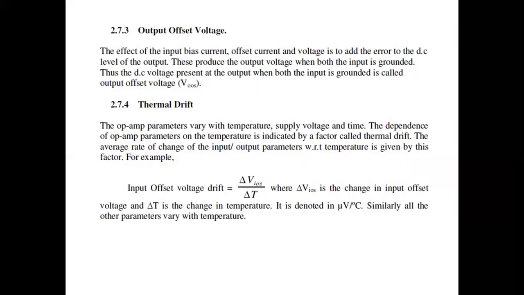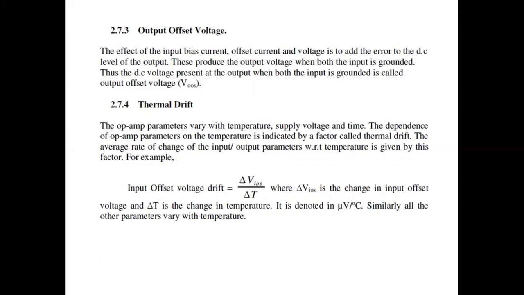Next one, thermal drift. The op-amp parameters vary with temperature, supply voltage and time. That dependence of operational amplifier parameters on temperature is indicated by a factor called thermal drift. The average rate of change of input or output parameters with respect to temperature is given by this factor.